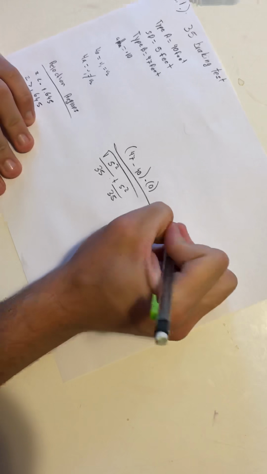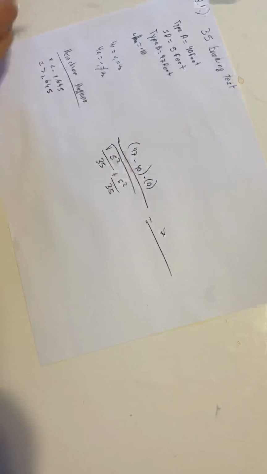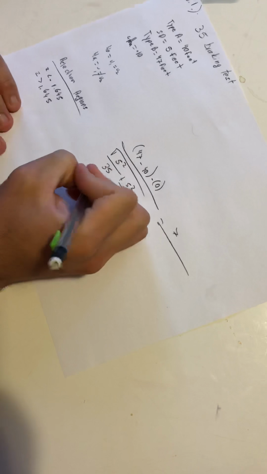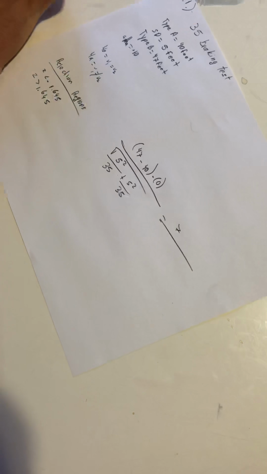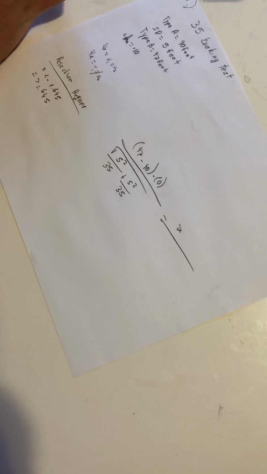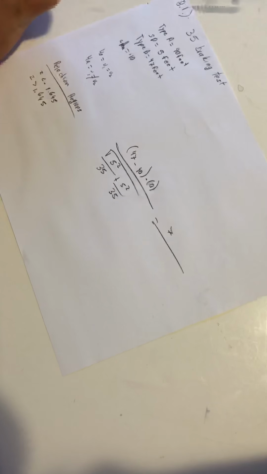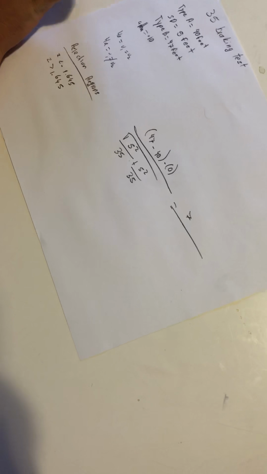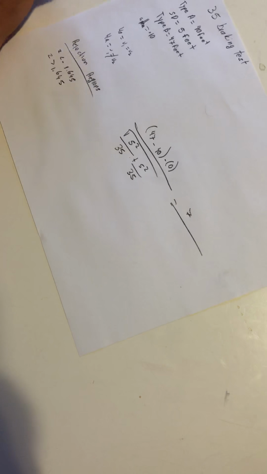47 minus 40, we get 7, and then all over, 5 squared is 25. So 25 over 35 is 0.71, plus 0.71.